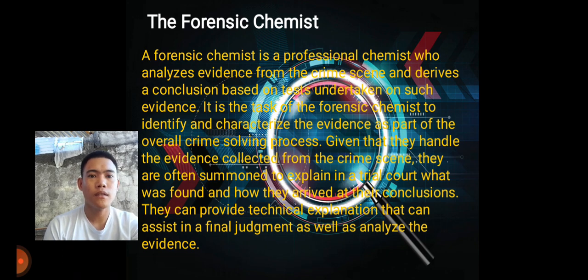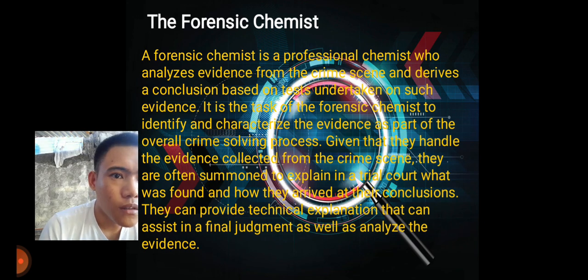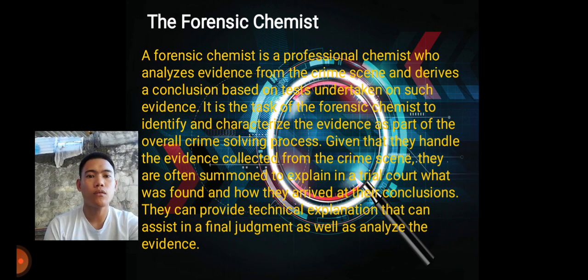Given that they handle the evidence collected from the crime scene, they are often summoned to explain in court what was found and how they arrived at their conclusion. They can provide technical explanation that can assist in final judgment, as well as analyze the evidence.